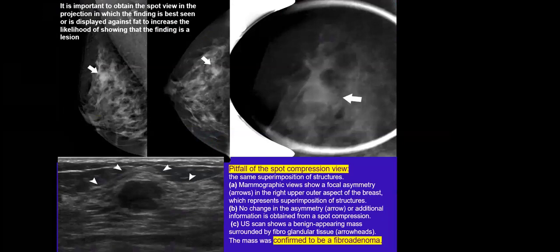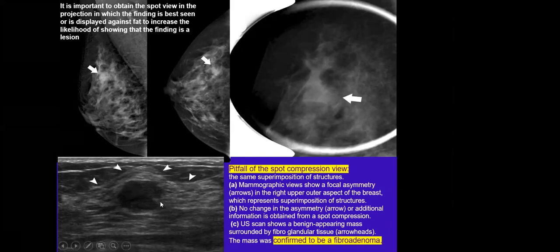Okay, and look for these other pitfalls. This dense breast demonstrates a focal asymmetry here. If you look here, it is the same, it doesn't show much change. It is the same density, just an area of focal asymmetry. It might give the impression that this is just an island of breast tissue.